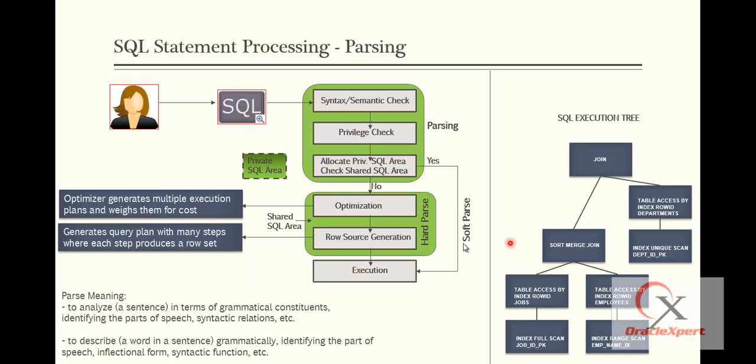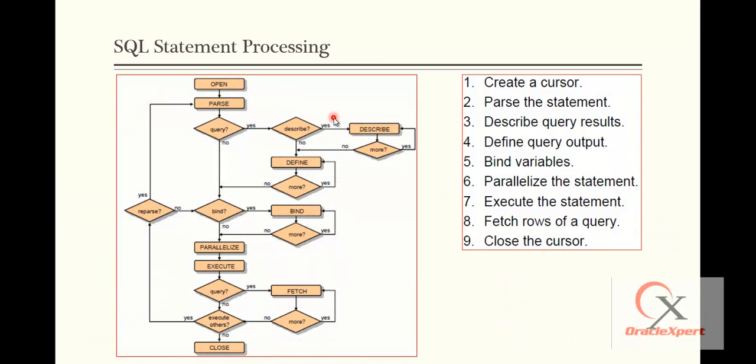Each step in an execution plan has a step ID, as you could see, from 0 to 10. Initial spaces in the operation column of that plan indicate the hierarchical relationships. As I said, the most indented to the least indented. So if the name of an operation is preceded by 2 spaces, then this operation is a child of an operation preceded by 1 space.